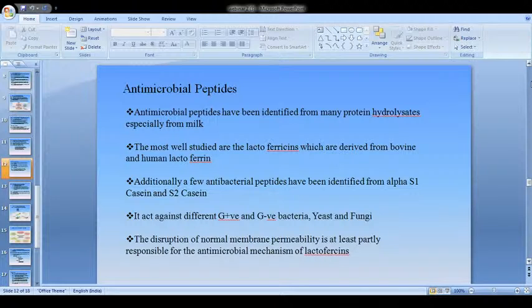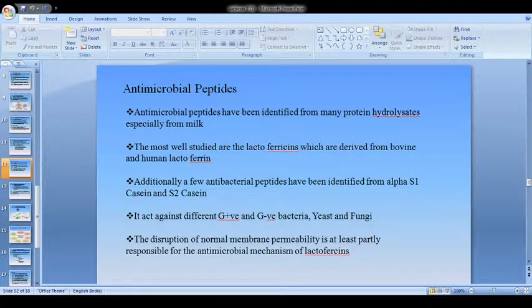The main mechanism is the destruction of normal membrane permeability, which is at least partly responsible for the antimicrobial mechanism of the lactoferrins. These antimicrobial peptides are also known as host defense peptides, and they are part of the innate immune response found among many organisms, and they present significant antibacterial, antifungal, antiparasitic, and also antiviral activity.